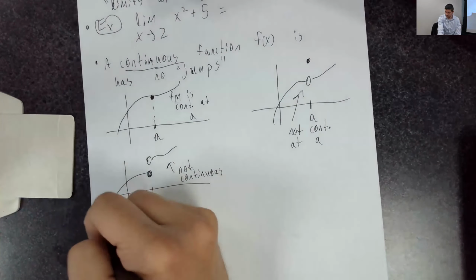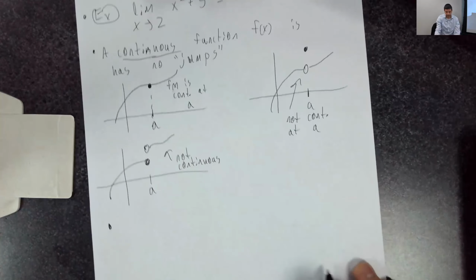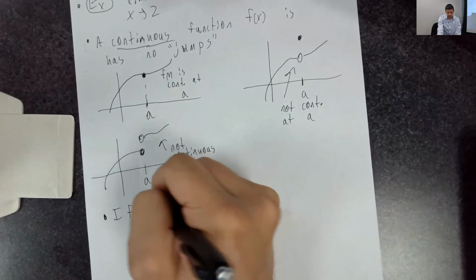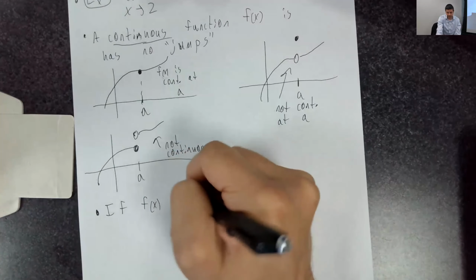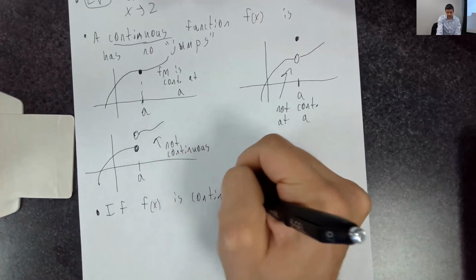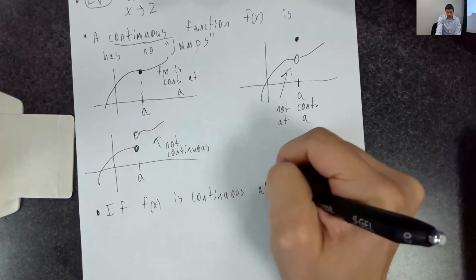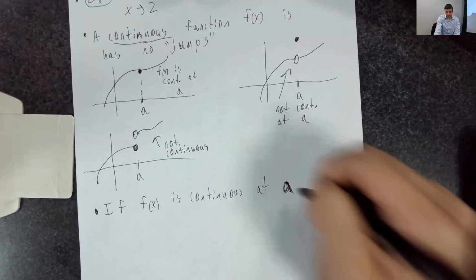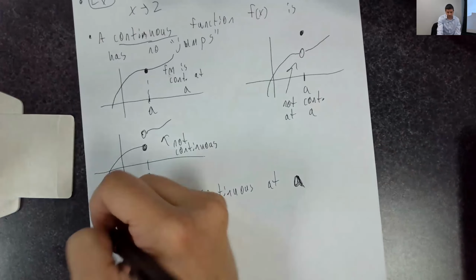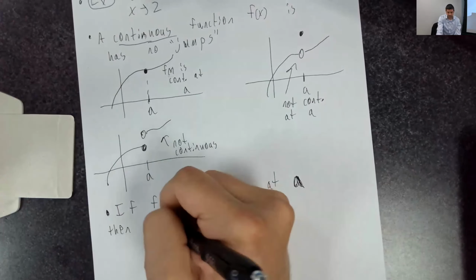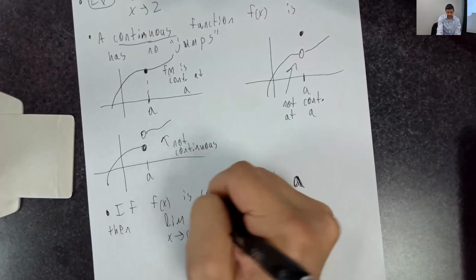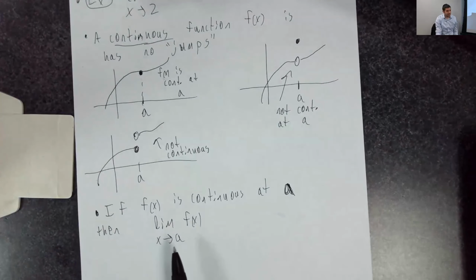So if your function is continuous at a, then the limit as x goes to a of f of x, right? Limits are predictions.